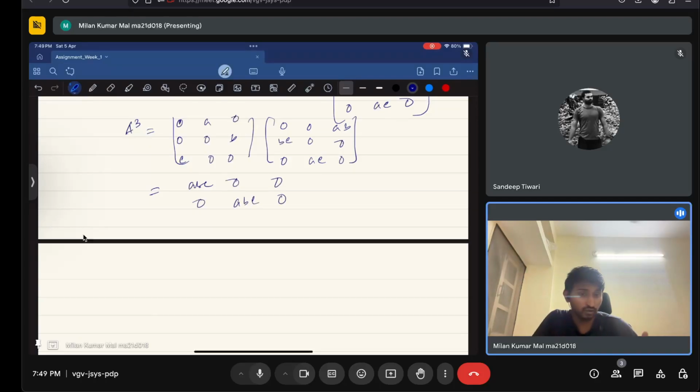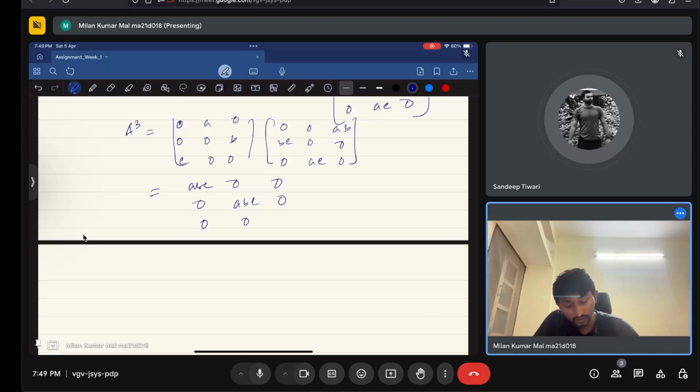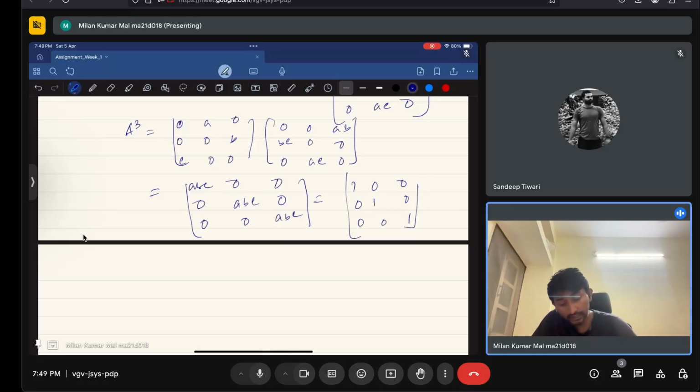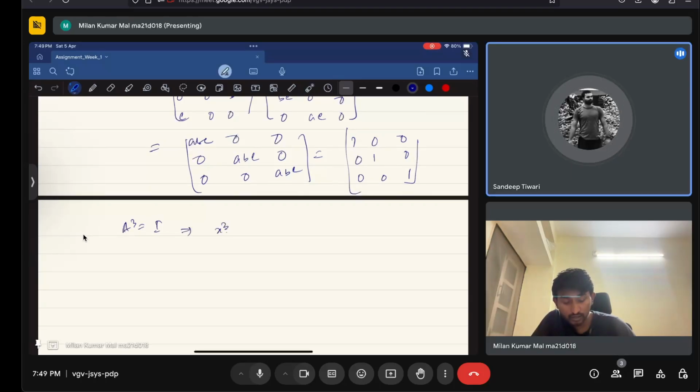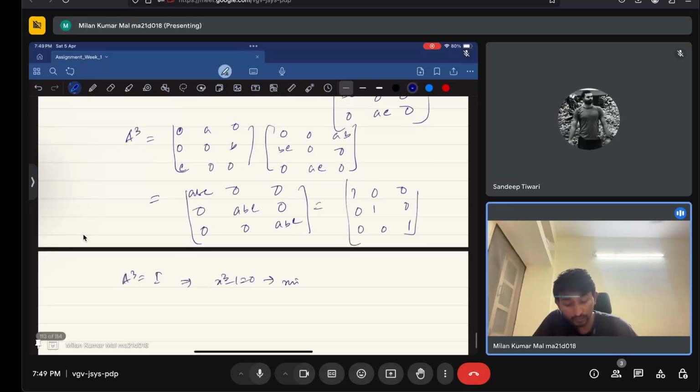There is no easier way, as abc is given we have to multiply. As we know abc equals 1, so you get A cube equals the identity matrix. Is abc times identity there, sir? There is no c, it is written that abc equals 1.